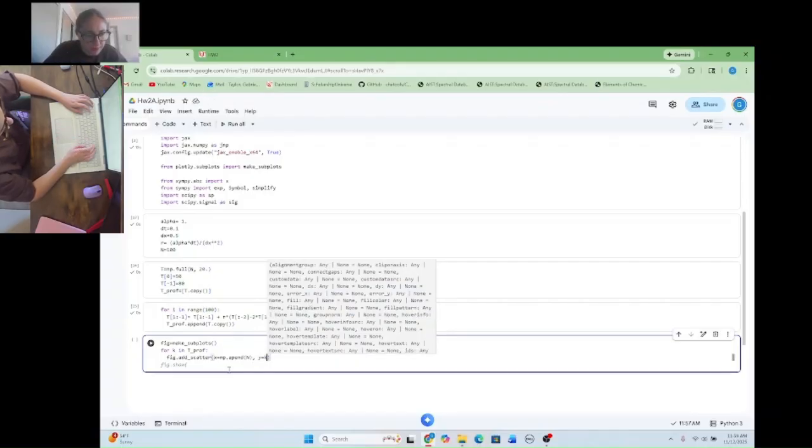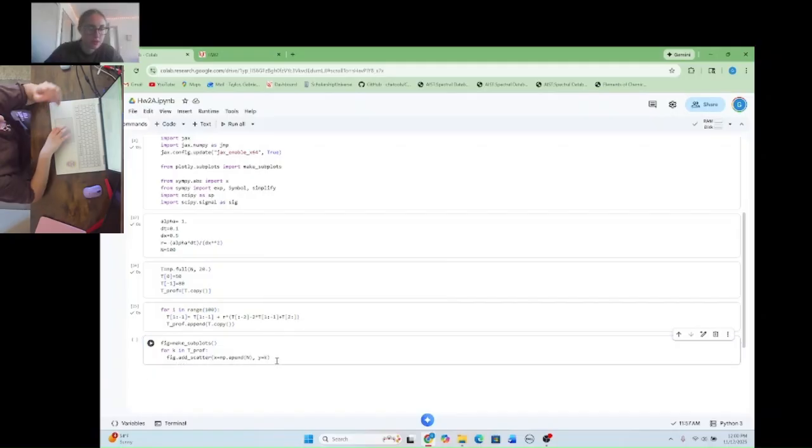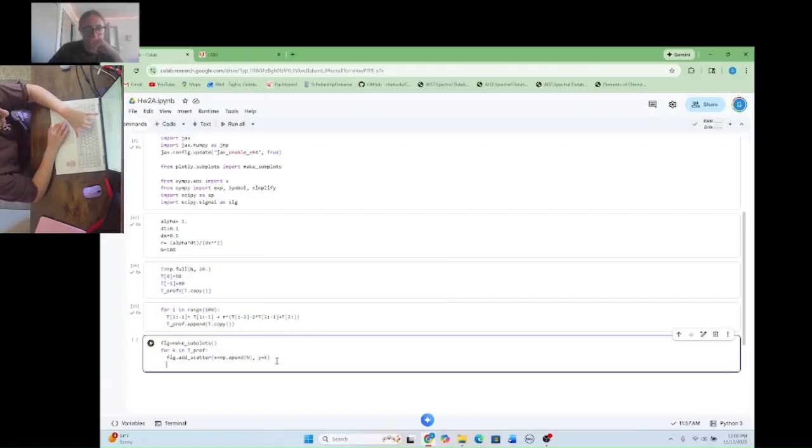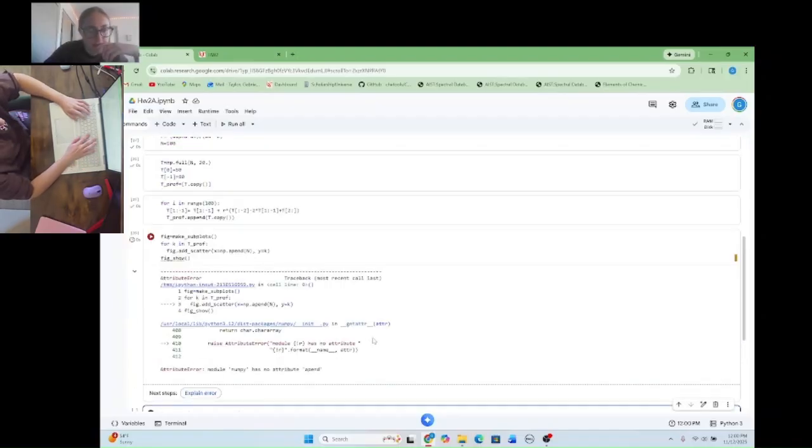So this should give us n, which is going to give us 100 spaces, and then our k is going to be based off of that temperature profile we have here. And then we can just do fig.show. Let's see what that does.